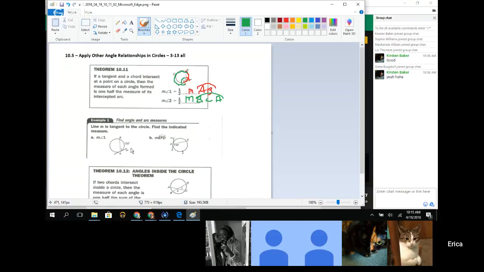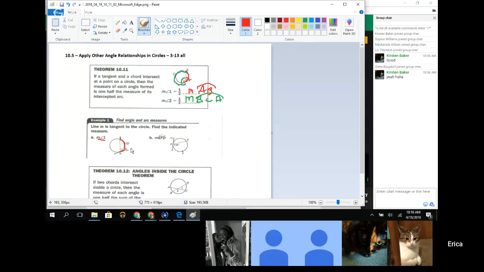Okay, and then let's try a couple examples with this. So number 1 says line M is tangent to the circle. Find the indicated measurement. They show you that arc AB is 132 degrees. Can anybody tell me what the measure of angle 1 is?